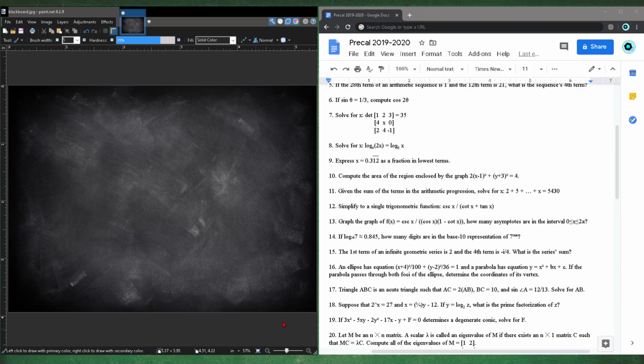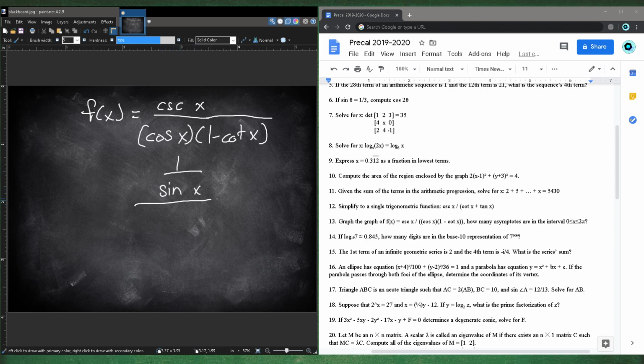Okay, number 13. Graph f of x. So f of x is equal to cosecant of x divided by cosine of x and 1 minus cotangent of x. So let's simplify this. So this is 1 over sine of x divided by cosine of x.